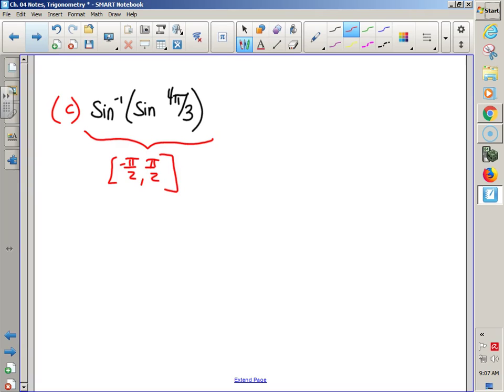So which angle between positive and -90 can match up? 4 pi over 3 is over here. I'm supposed to answer over here? Which one?